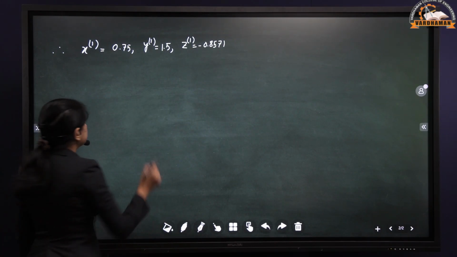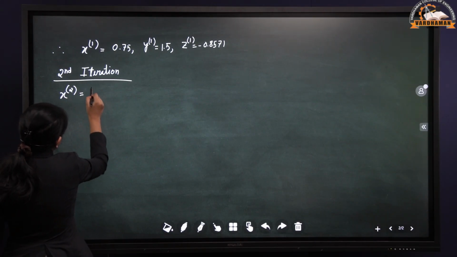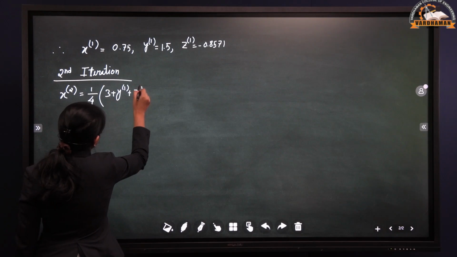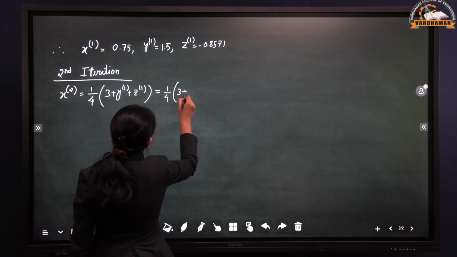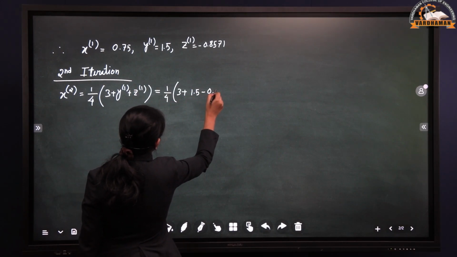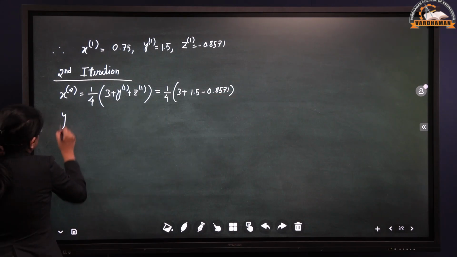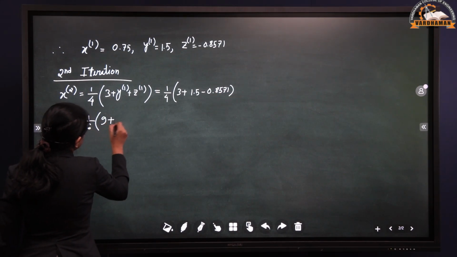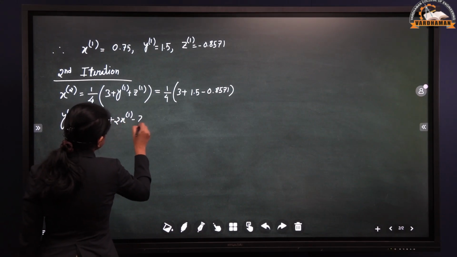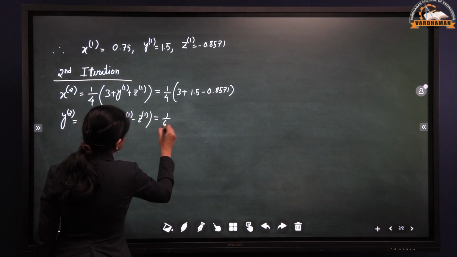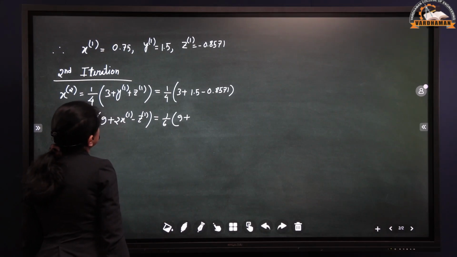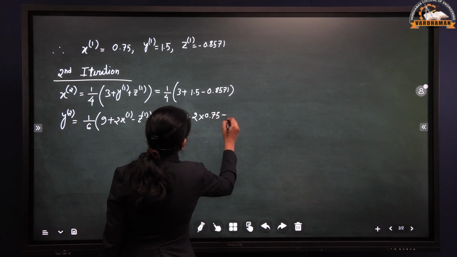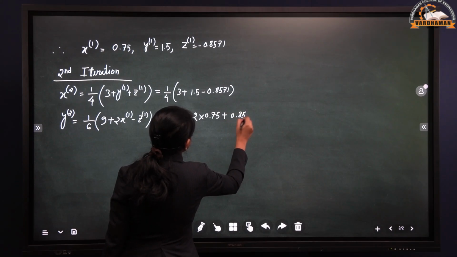Now second iteration. x2 is equal to 1 by 4 times (3 plus y1 plus z1). It is given by 1 by 4 times (3 plus 1.5 minus 0.8571). And y2 will be 1 by 6 times (9 plus 2x1 minus z1), that is 1 by 6 times (9 plus 2 into 0.75 minus z1, which is minus 0.8571).